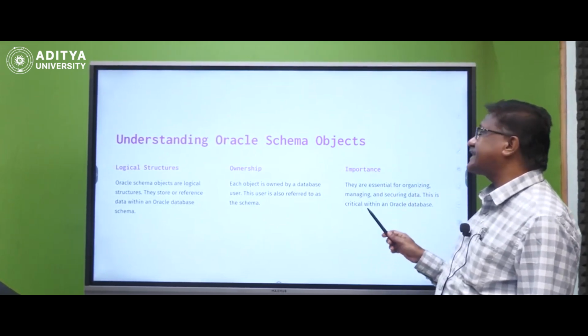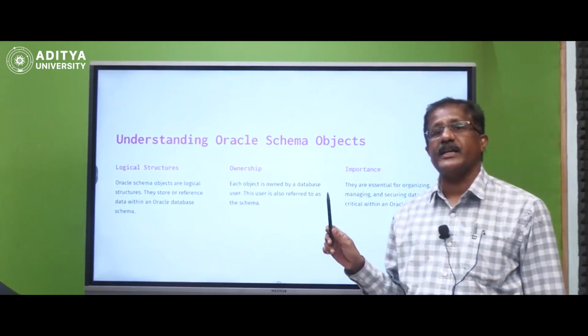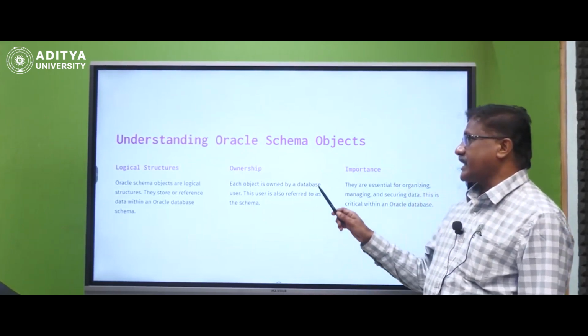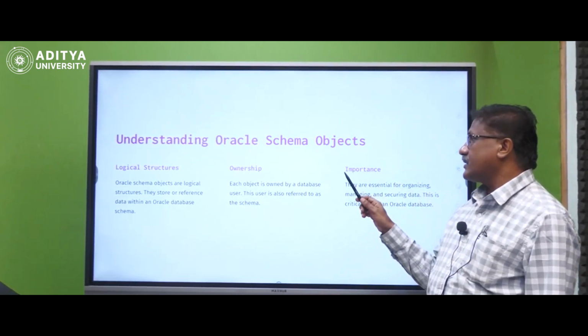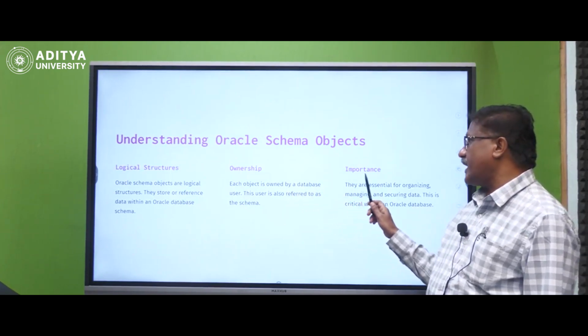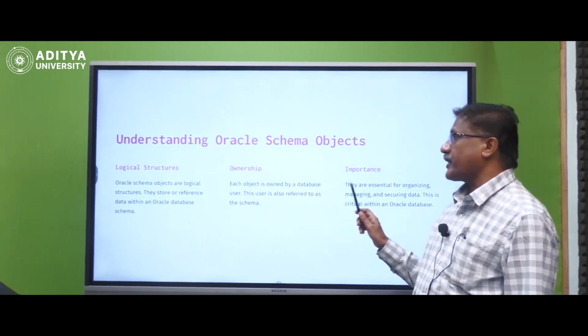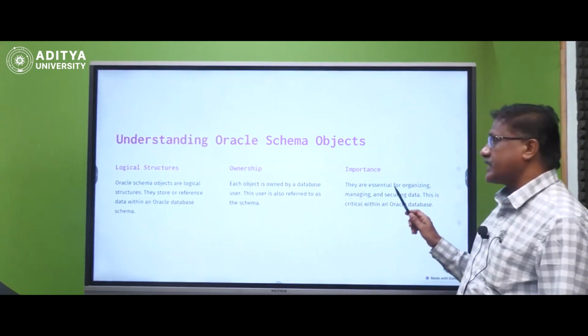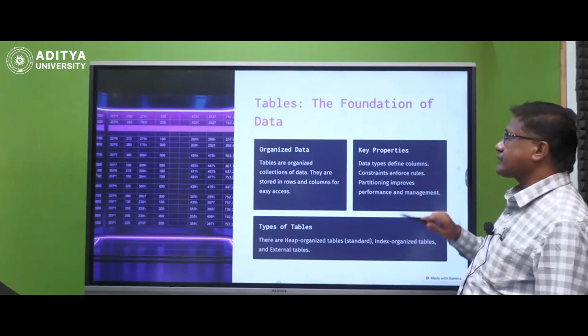Then only can you manage the database very comfortably in Oracle. The person managing that architecture has to understand very clearly the schema of the table, that is, the database.